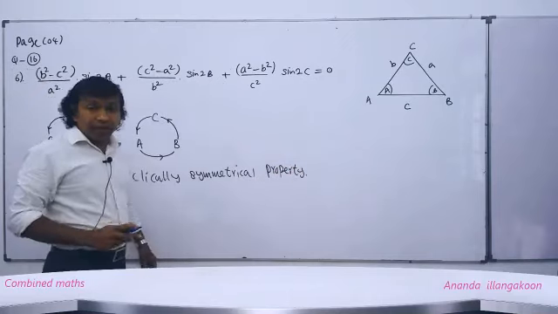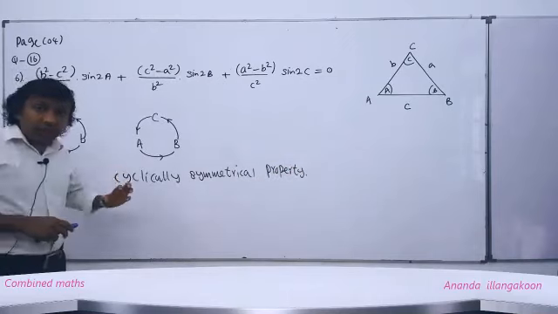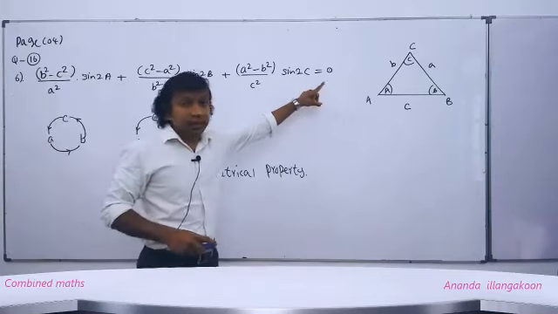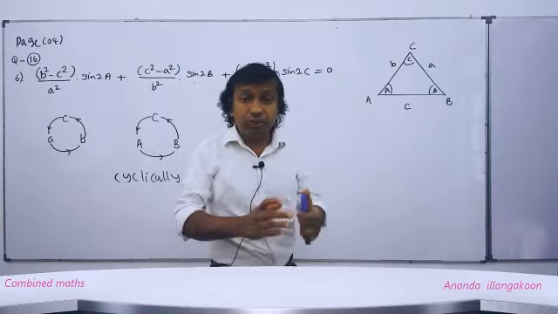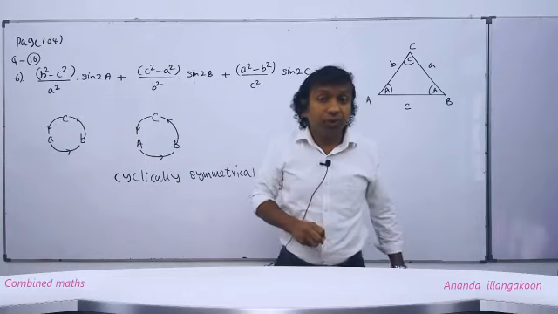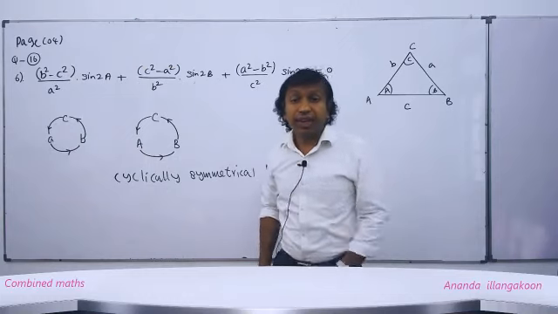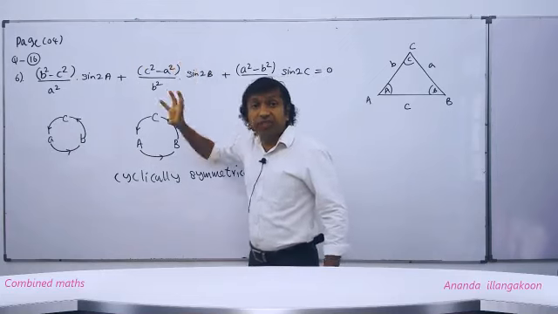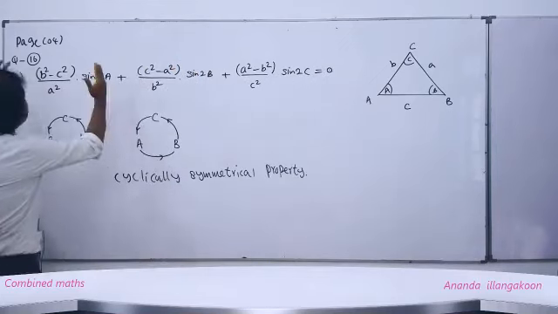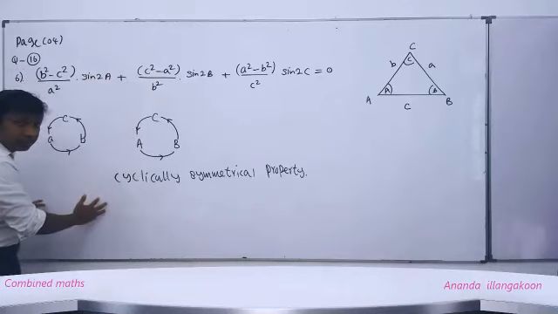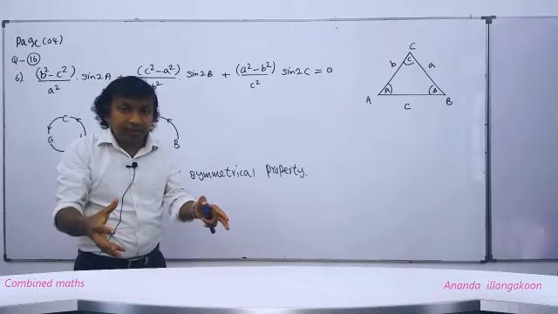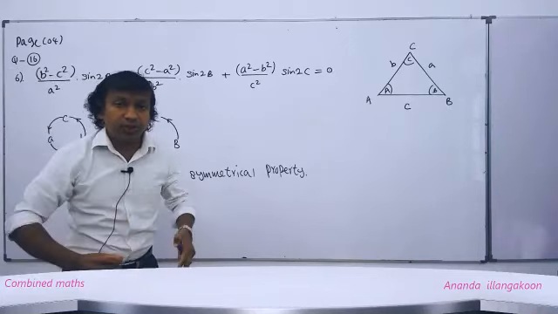If you find this kind of cyclically symmetrical property, then in order to show that the sum of the left hand side 3 terms is 0, we take any one term out of the 3. Take that term aside, and using the sine rule and cosine rule, keep simplifying it to the simplest expression.